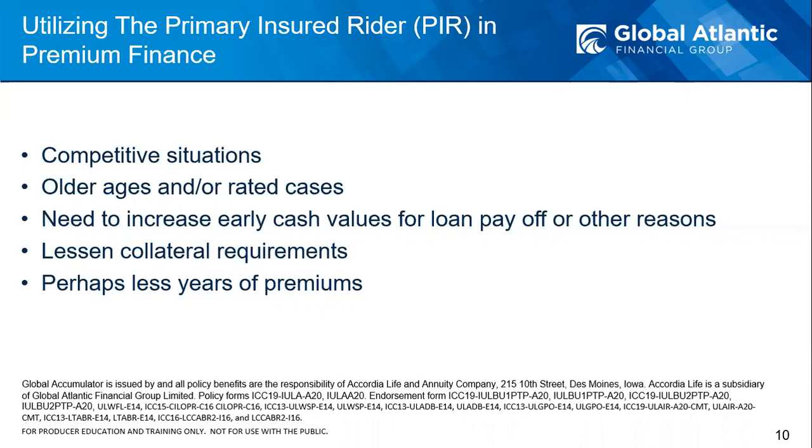Remember, Keaton alluded to it too, your outside collateral requirement is the difference between the cash surrender value of the policy and the amount of the loan outstanding. So if you have a higher cash surrender value, that means less outside collateral that the client has to post. And do not poo-poo the effect of collateral requirements on a premium finance case.